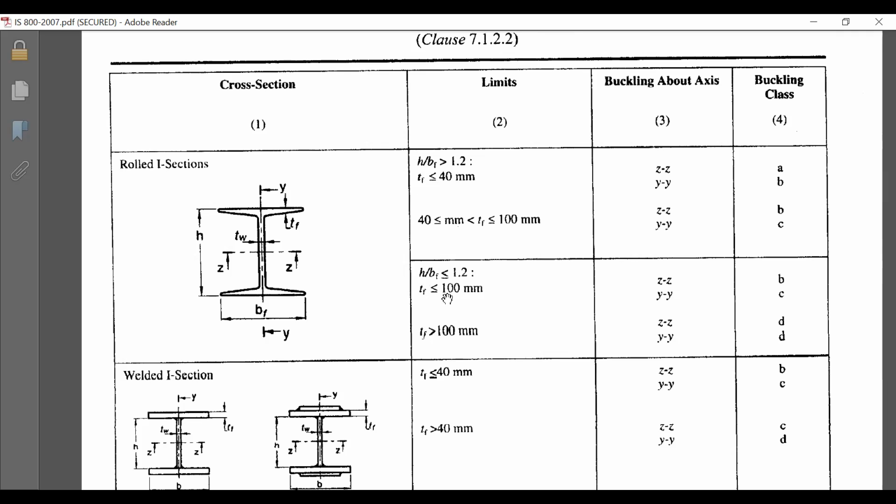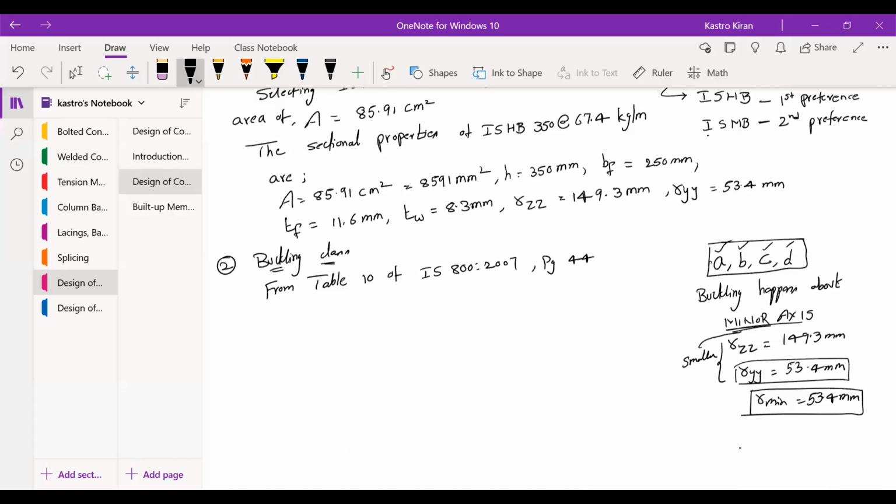In the second case, tf less than or equal to 100 mm and tf greater than 100 mm. So let's find out these conditions initially. For the first case, we need to check the h by bf value, whether it is greater than 1.2 or less than or equal to 1.2. So let's quickly find out the value of h by bf.